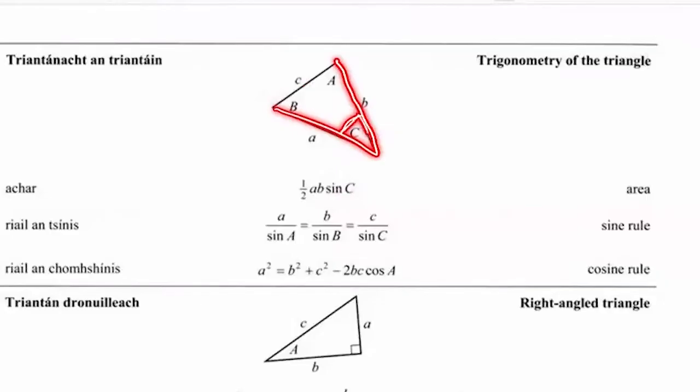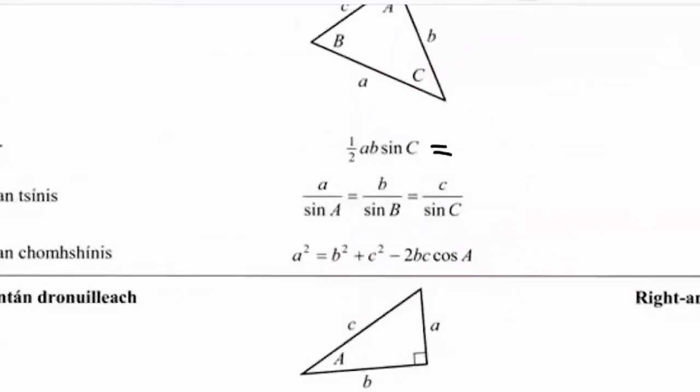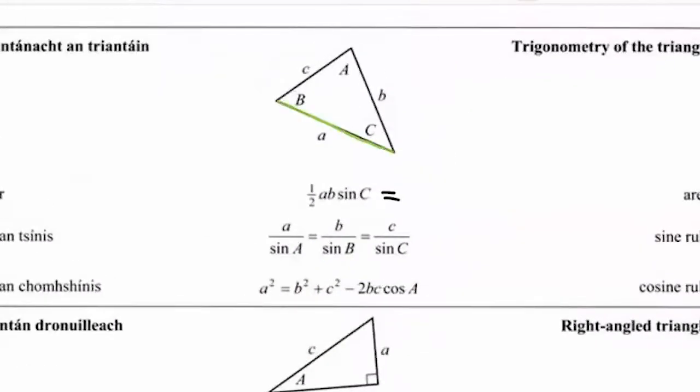The angle they take for the area of a triangle using this formula is called the included angle. Do you see it's there between the arms of sides A and B? That's important.